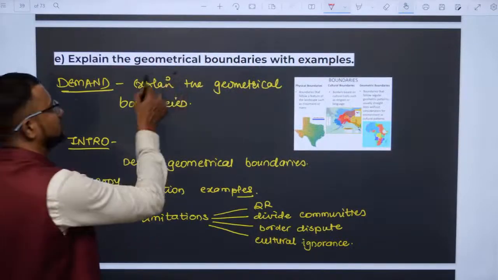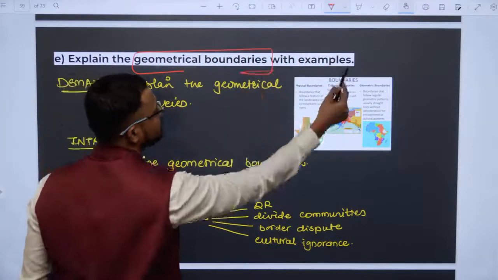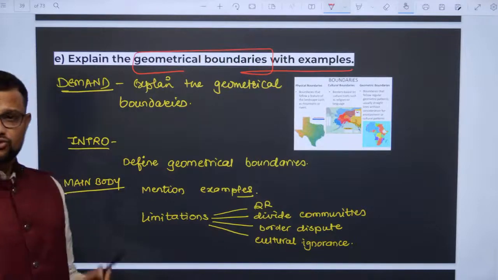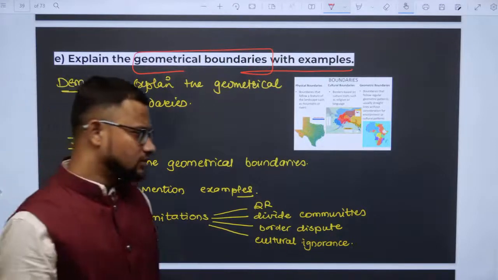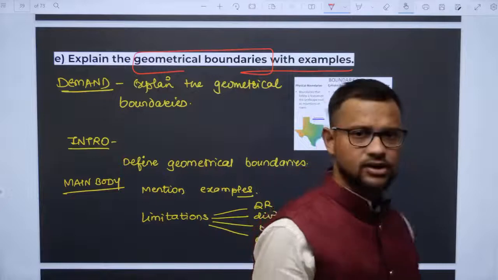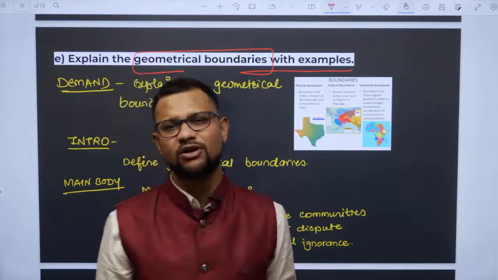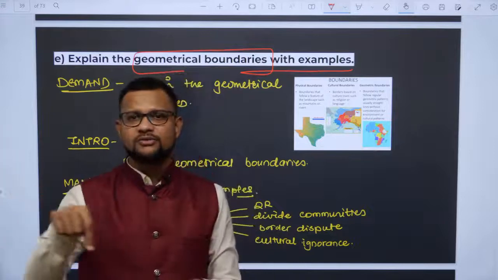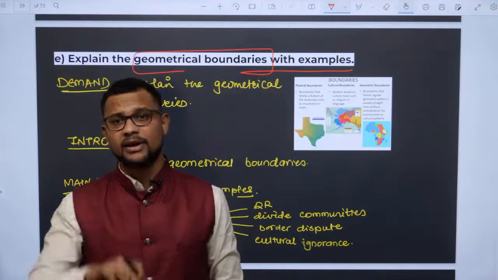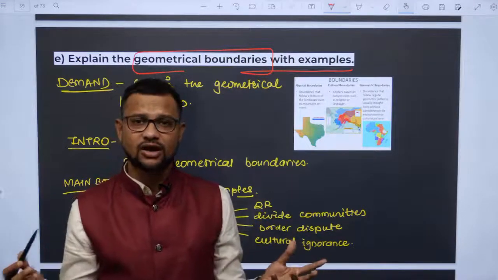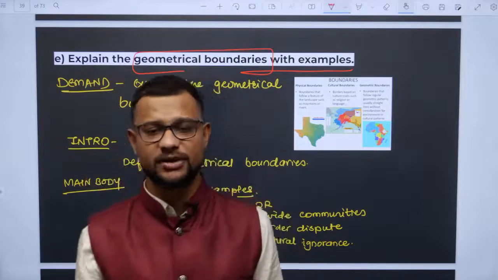Then: explain geometrical boundaries with examples. So it is a straight question. The one who is quite aware of geometrical boundaries, absolutely right. Geometric boundaries mean those boundaries which are straight lines, maybe circular or semicircular, or of a typical geometrical shape.